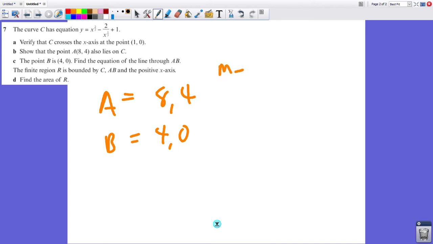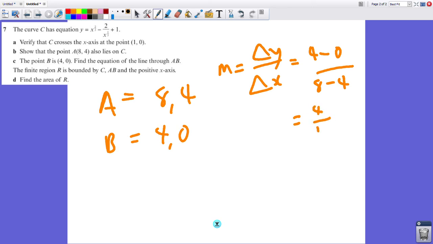So the gradient is equal to change in y over change in x, which is 4 minus 0 over 8 minus 4, which is equal to 4 over 4, which is equal to 1. So the gradient of this line is 1.